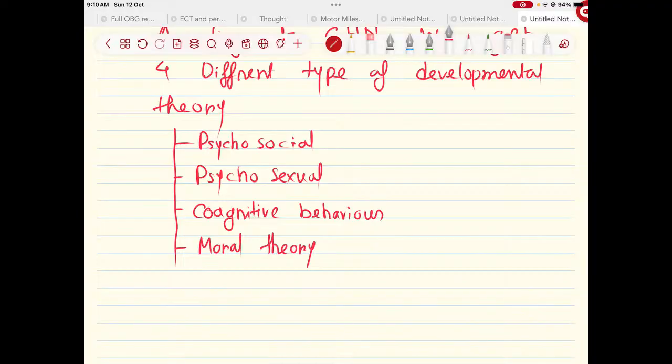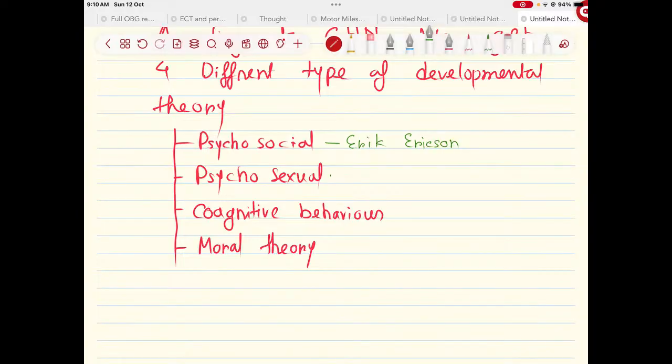So psychosocial theory, who provided? Psychosocial theory given by Erik Erikson.